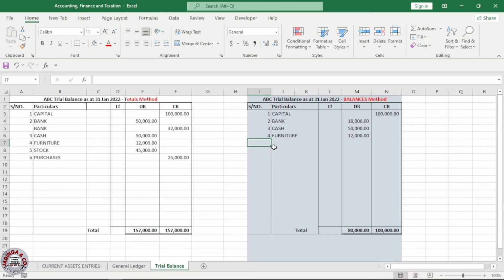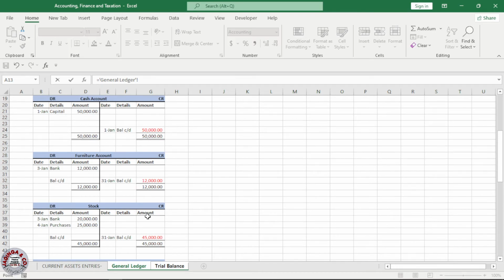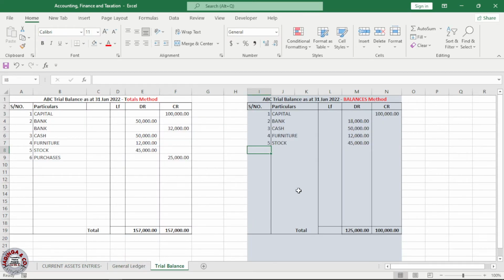And here also we have stock. Under stock we also have a debit balance, and our debit balance for stock is 45,000. Then lastly, we have purchases account.